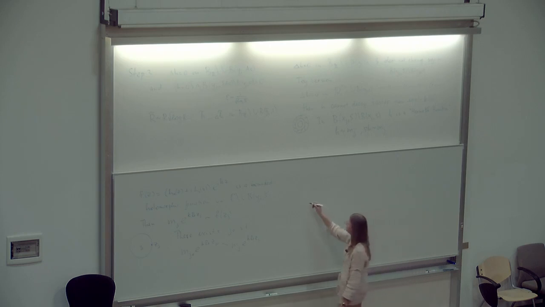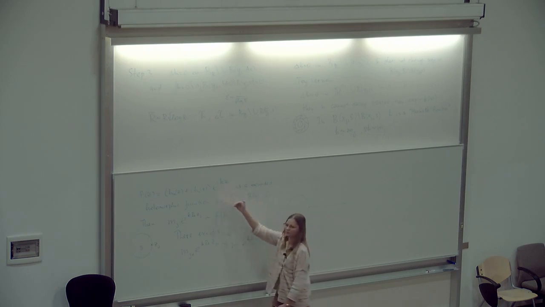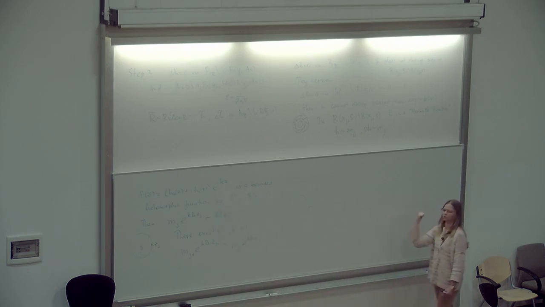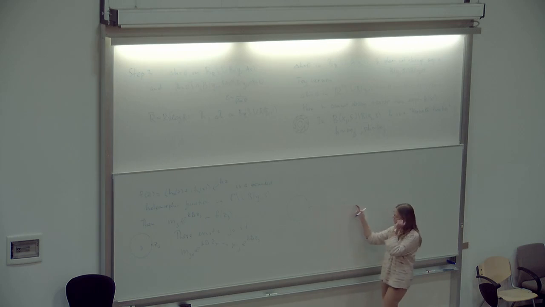Now you look at this point, and you travel this way. There is a particular way because I choose my k to be a real number, so there is a particular way where my exponential is growing. And we are saying that we can control the gradient of our function h over here.